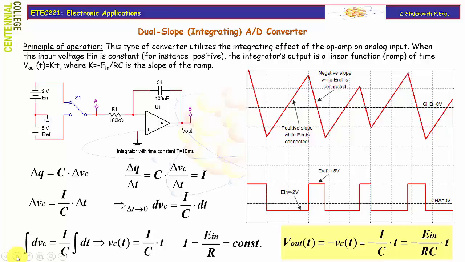So it's a linear function of time. Slope K has a value of negative EIN over the time constant RC.